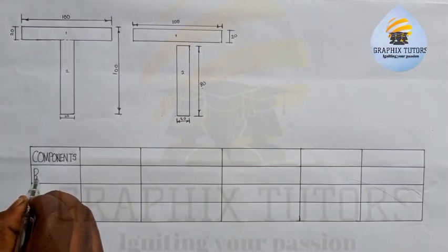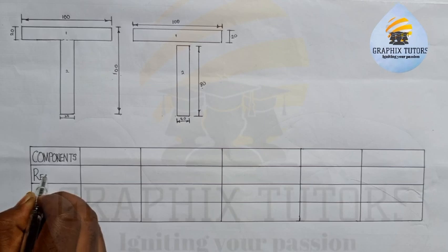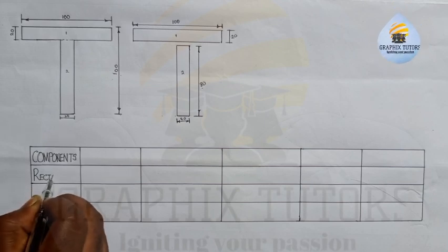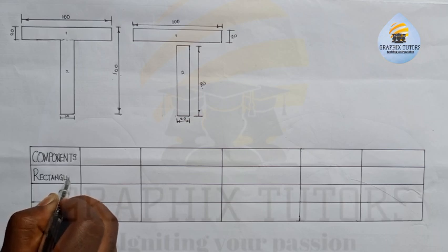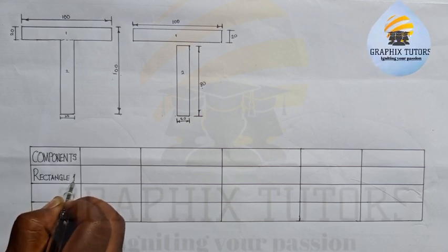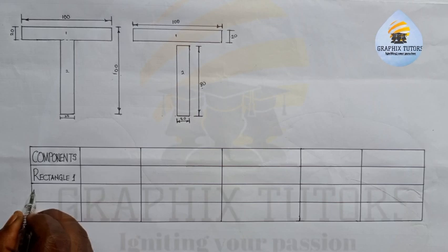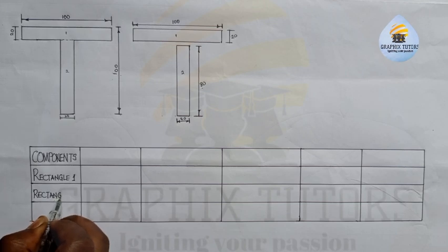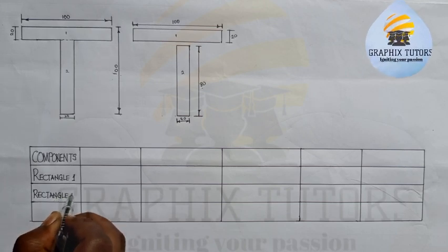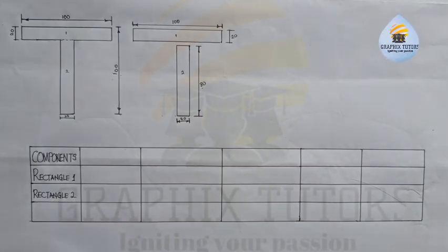This is rectangle 1 and rectangle 2. Now the next one should be to calculate the area.